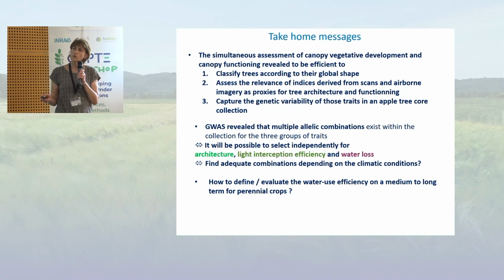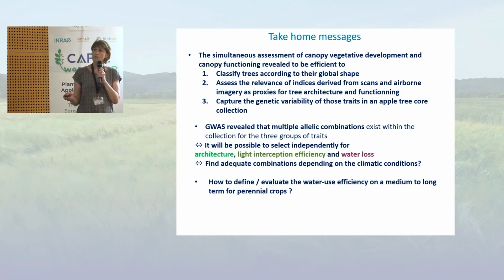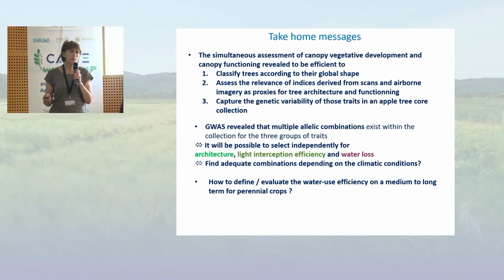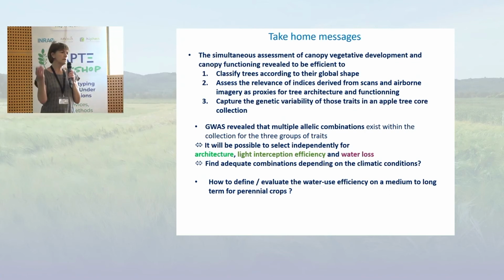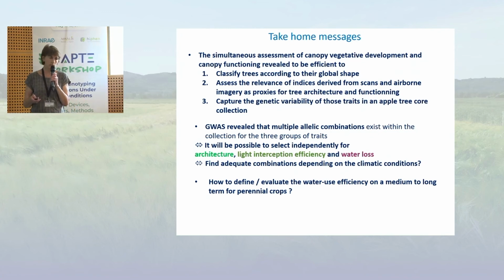The third point is that doing that, we can capture genetic variability, which is a good point, and that we can have multiple allelic combinations for all those traits. So we can combine and we can look for different phenotypes in this collection.